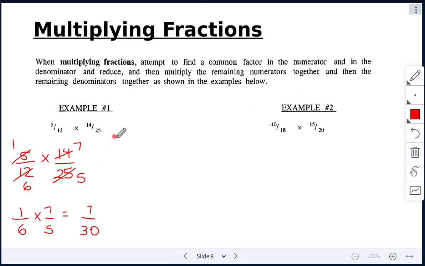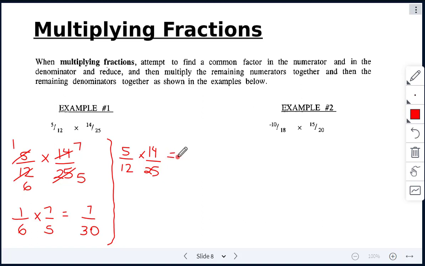Now, some students don't like to do that method of reducing first. That's fine. The other method is go ahead and just multiply. So we have 5 over 12 times 14 over 25.